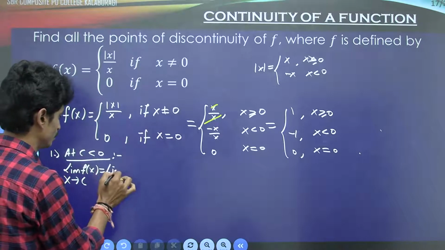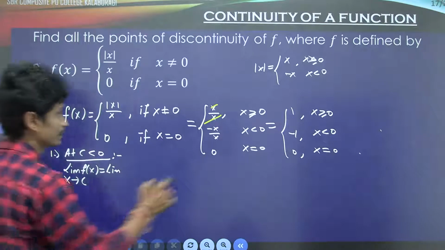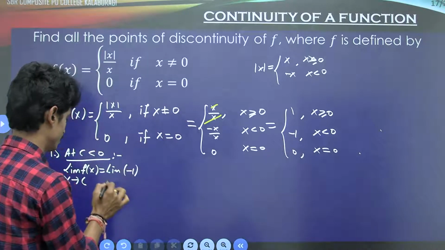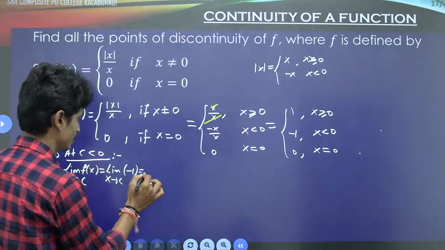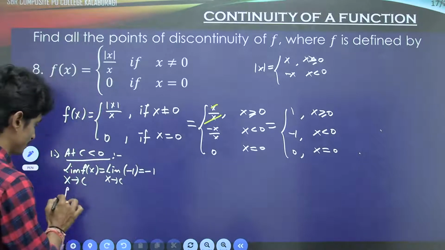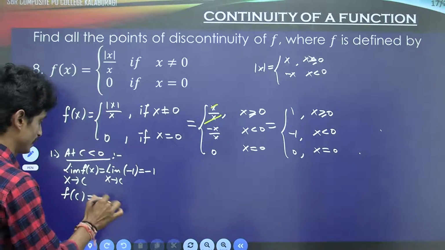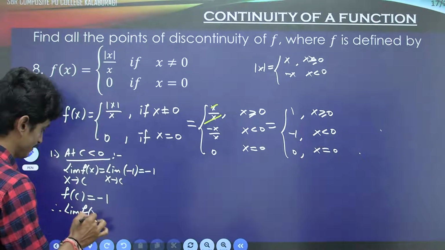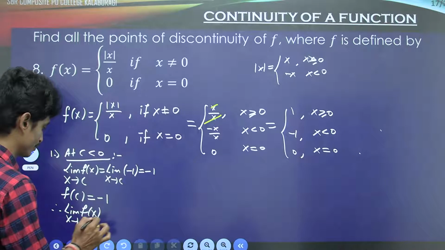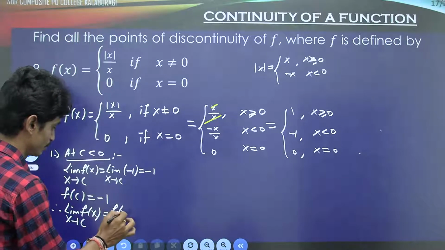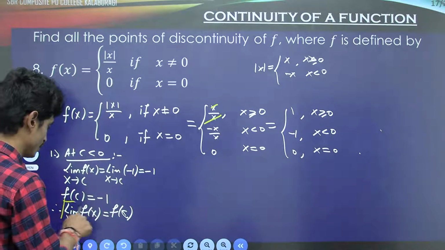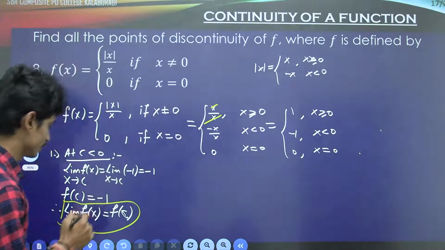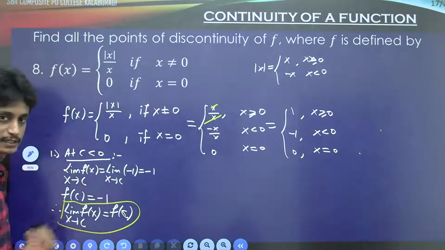F of x, which value can I choose? That is minus 1. As x tends to c, the answer will be minus 1. Hence f of c is also minus 1. Therefore, limit of f of x as x tending to c is equal to f of c. What did you understand here? The function is continuous at c less than 0. That conclusion you may write.